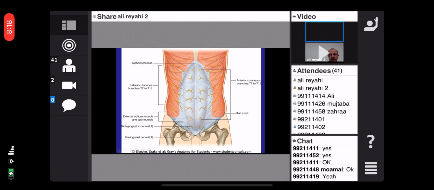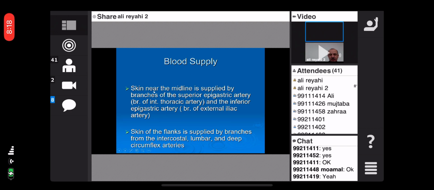And finally the L1 branches, iliohypogastric and ilioinguinal, in the inguinal canal, close to the spermatic cord. Okay, so these nerves innervate the abdominal wall.